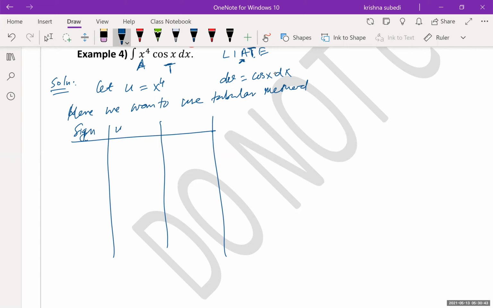And here your u, meaning you have to do the derivative here, okay? So u means derivative, and v is integration. That's what we want to do. Okay, try to complete it by yourself and let me know the answer.